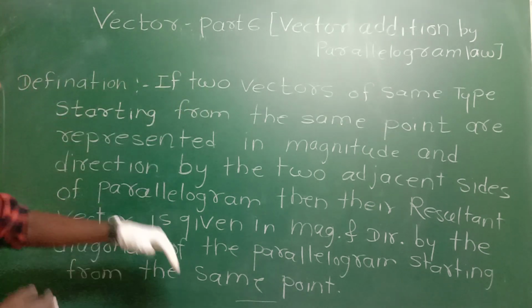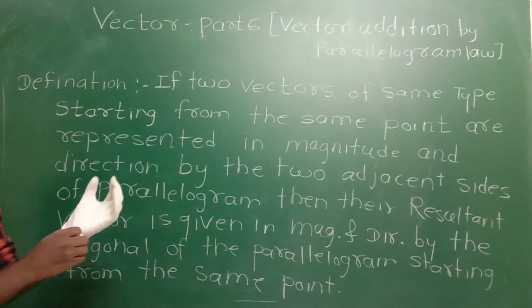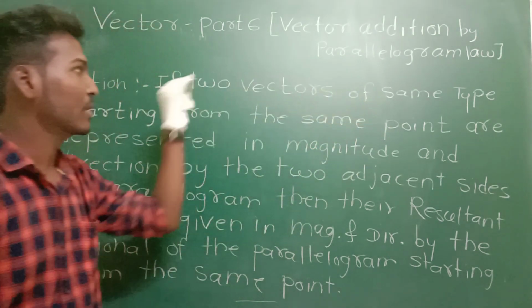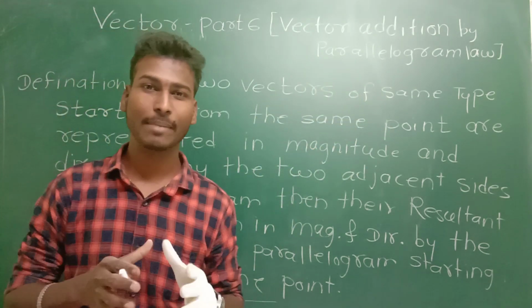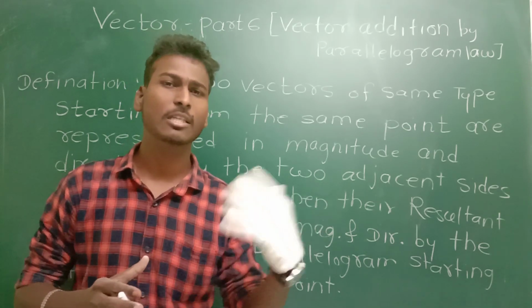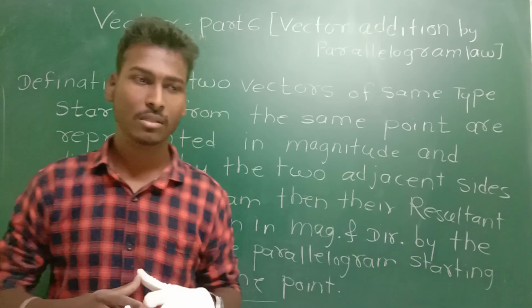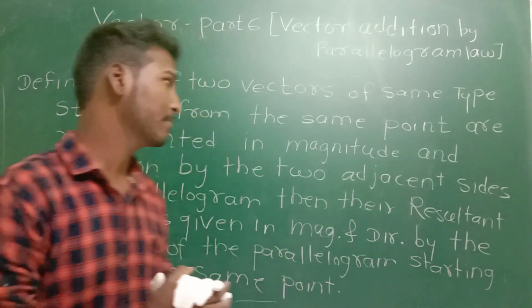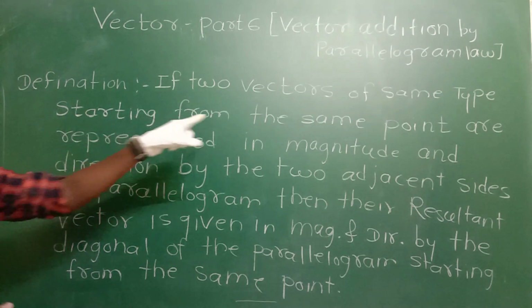Okay, so we have the definition of our parallelogram law here. If two vectors of the same type, meaning force, velocity, or displacement, that means the vectors we are going to add should be of the same type, starting from the same point.